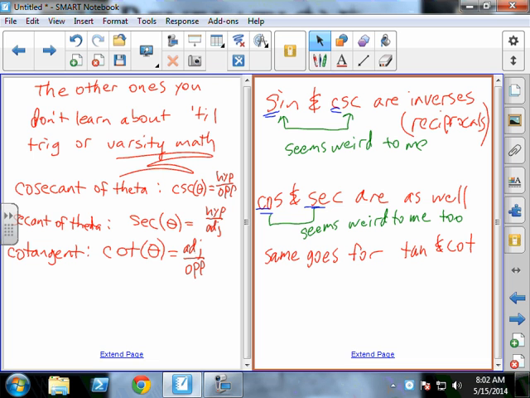I don't get it. You probably think that sine and cosine should go together and secant and cosecant should go together, but they don't!